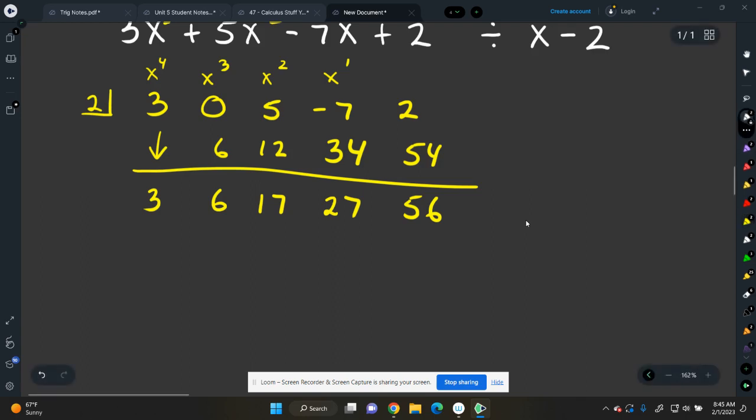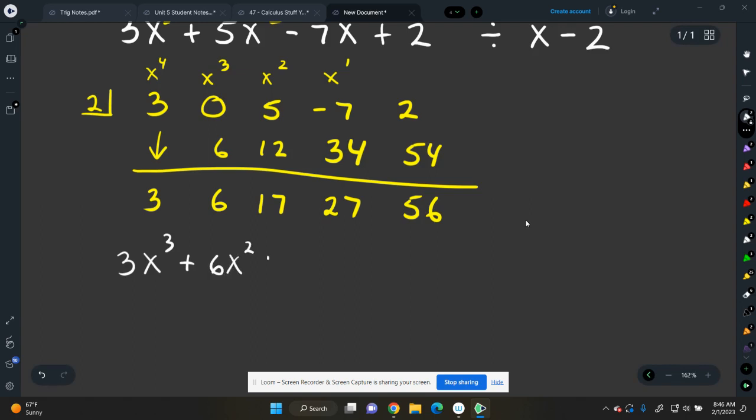So what's my quotient? What's my answer? D'Angela. So it'll be 3x to the 3rd. Good. The first one. And then, so the 0 is gone now, right? So keep going down. Started with x to the 3rd. So now we have a 6, so that's 6x to the 2nd.